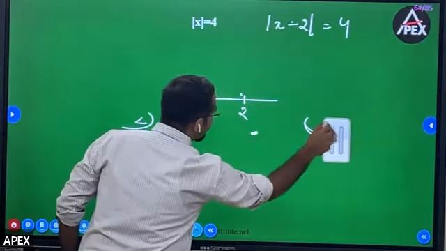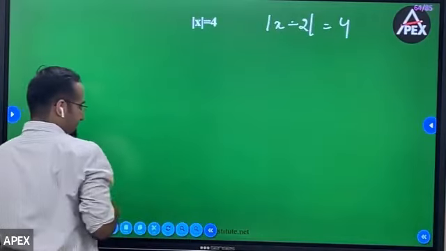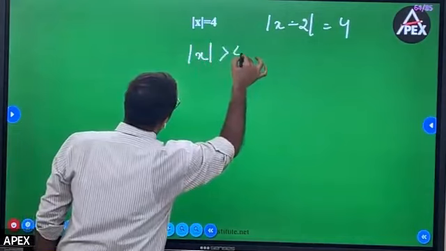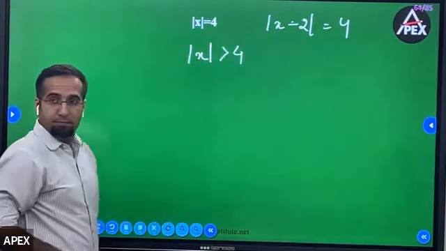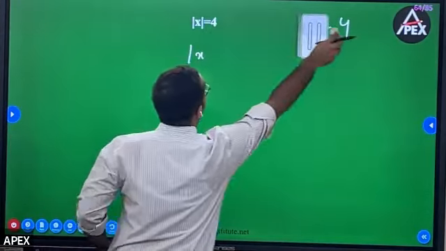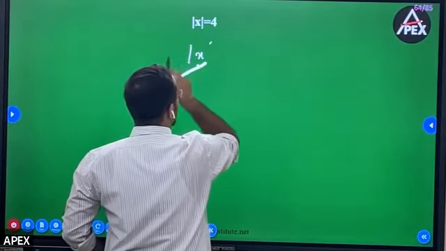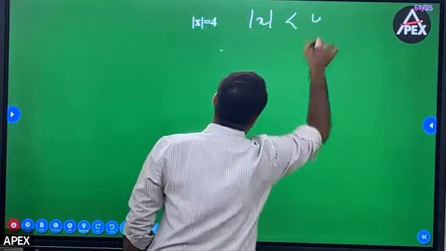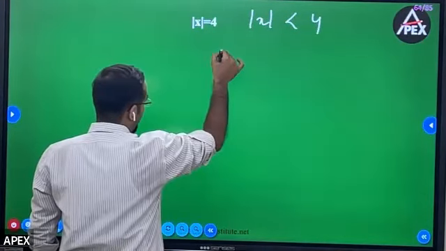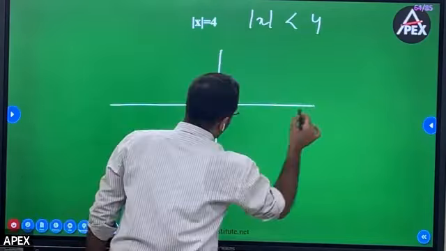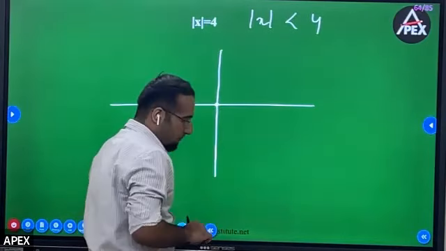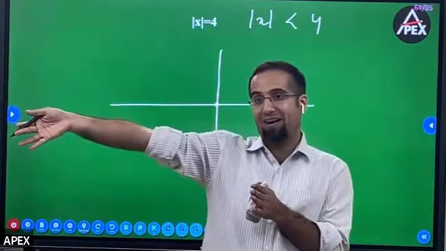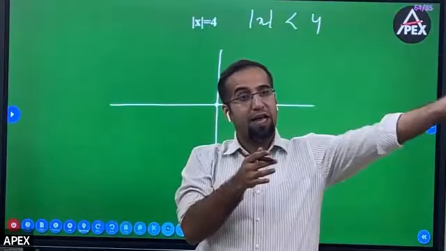Now let's understand inequality with respect to modulus. Suppose I give you mod x is less than 4. Understand the definition again? I am again sitting at a point 0. When I am saying equal to 4, I have to go exactly 4 on my right and exactly 4 on my left.